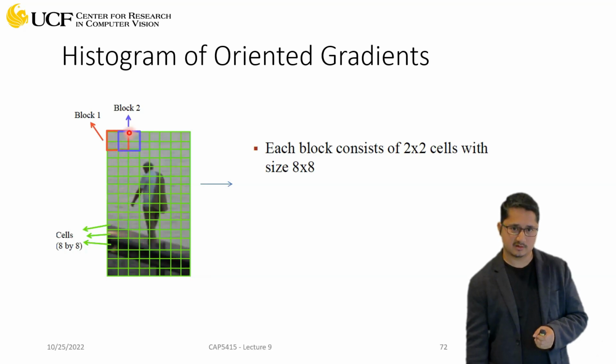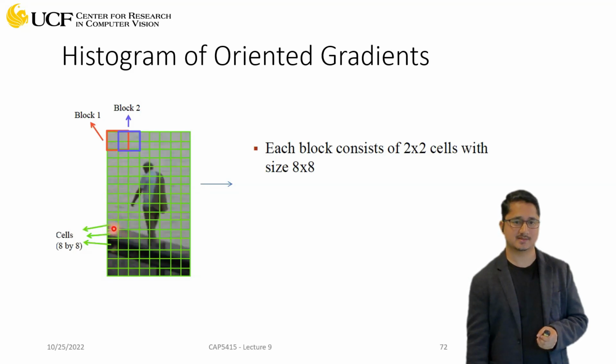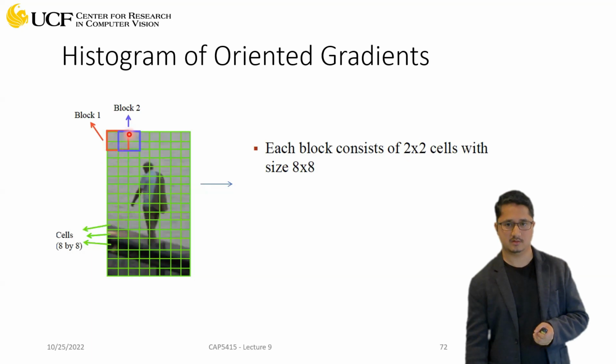So given the input image, what you do is, you decide what the final cell size will be inside your blocks. Okay, so you just create these grids, and these are your blocks. So that is the first block, and blue is the second block. And you can see how many pixels you will have in each block. All right.